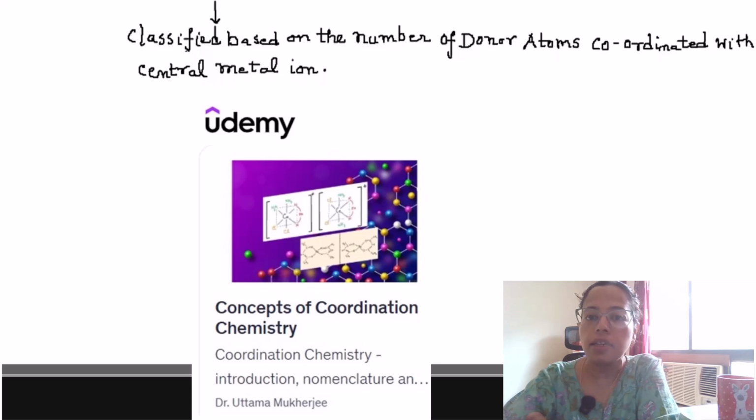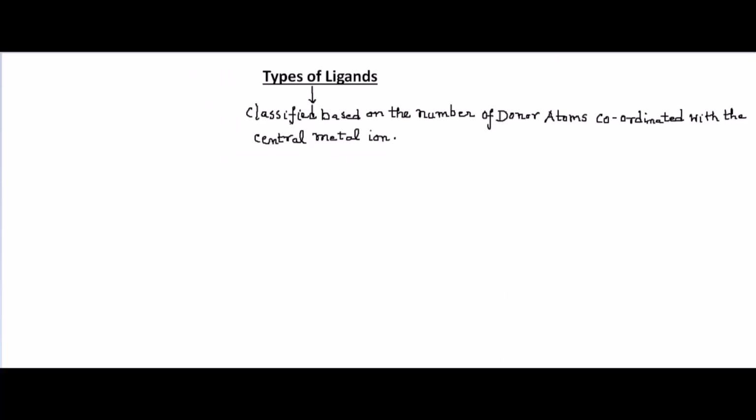So let's get started. Hi friends, now we will discuss the types of ligands. We have already discussed what ligands are. Ligands are the species which are attached to the central metal atom, and they contain an extra electron, or we may say that they are electron rich species which donate their electrons to the central metal atom.